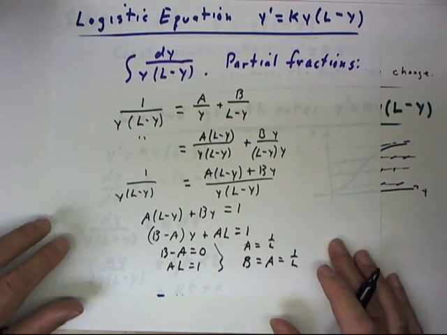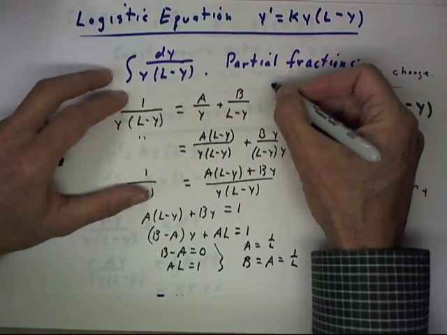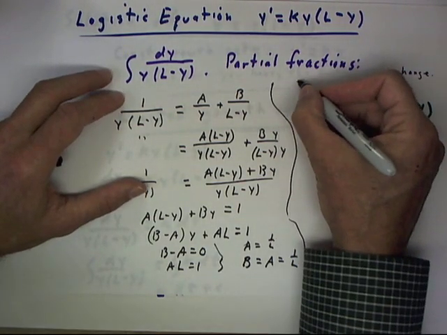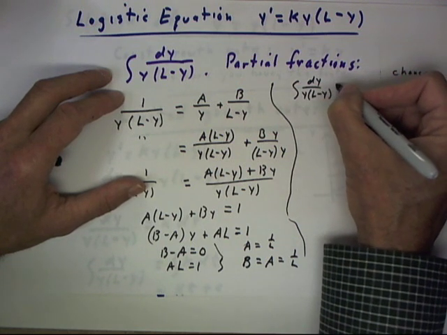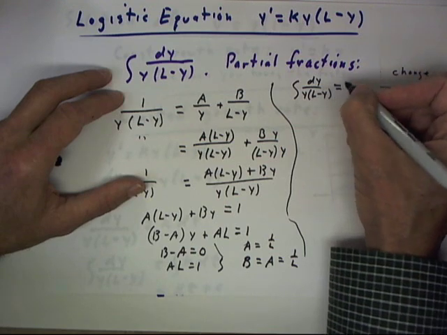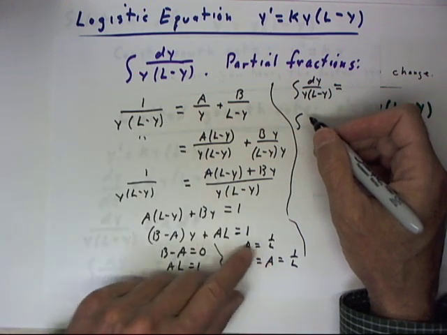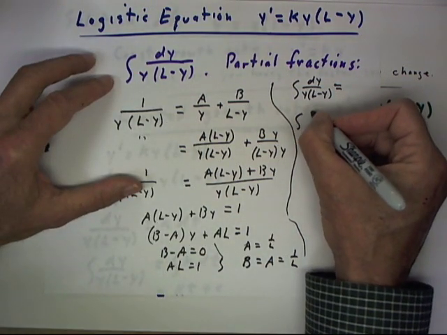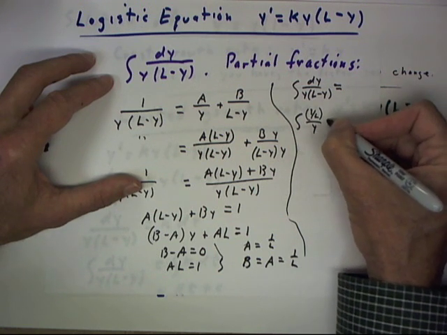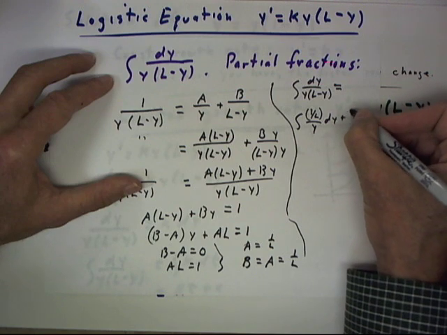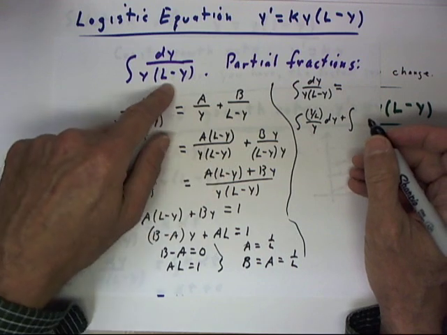And now our integral becomes, and let's find a little place in this paper here. So now the integral of dy over y times (L minus y) becomes the integral of a over y, where a is 1 over L, plus the integral of b over (L minus y).